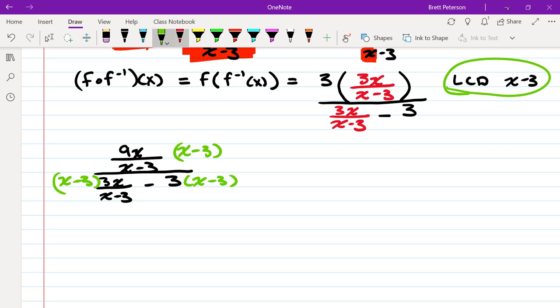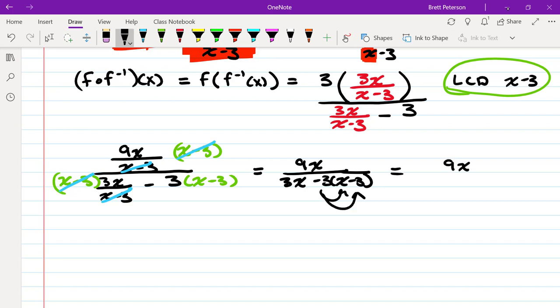So when I do this, in the numerator, those reduce out. Here, these reduce out. And I'm left with 9x over 3x minus 3 times x minus 3. When we multiply by the LCD, it always reduces out all of our compound fractions. So now we just need to simplify.